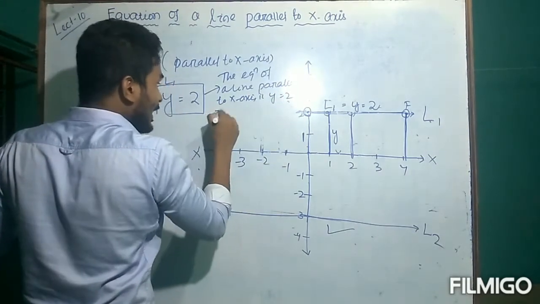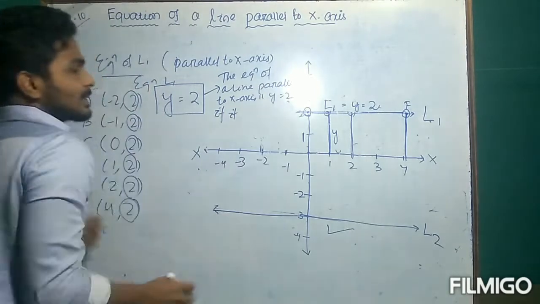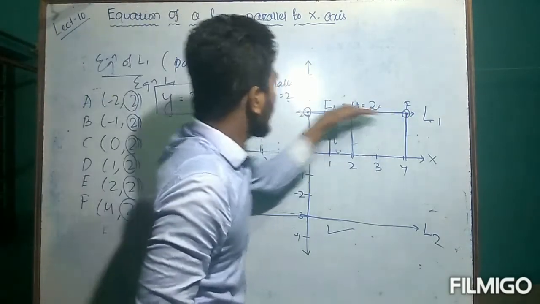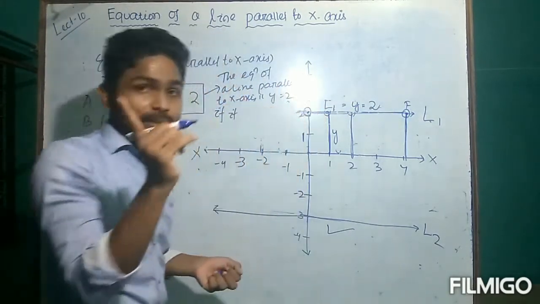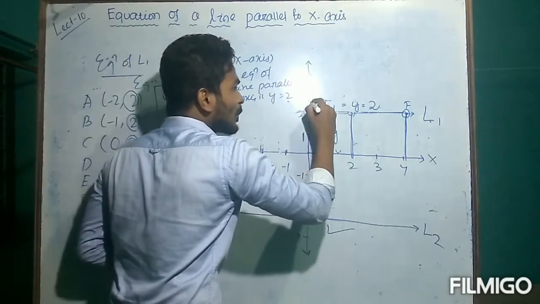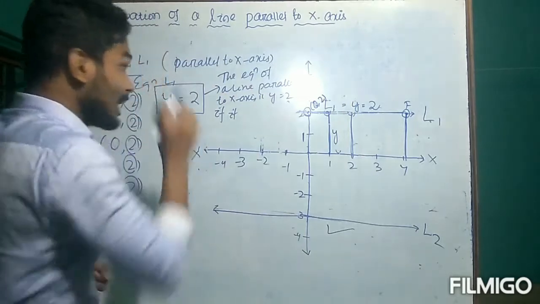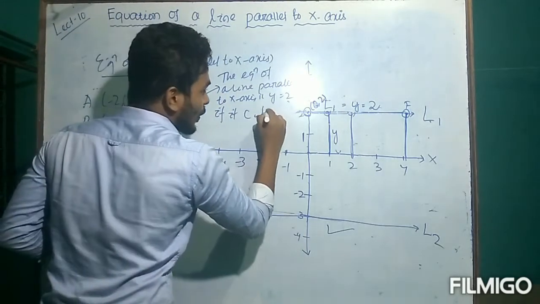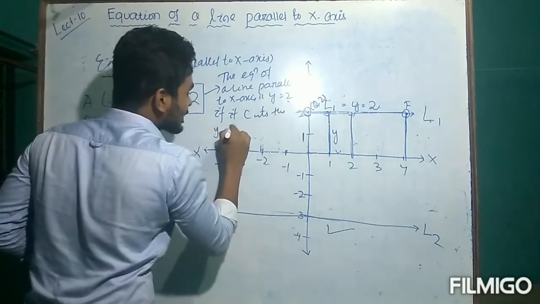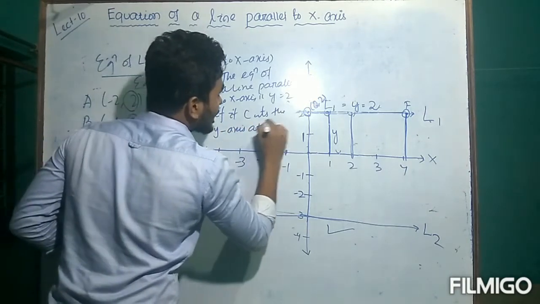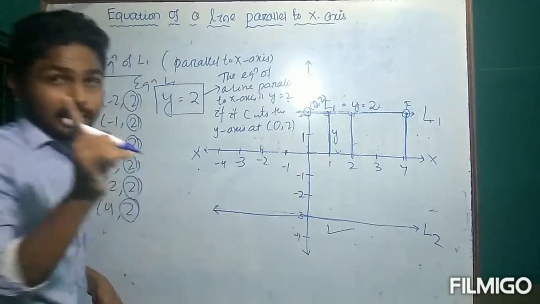This line cuts the y-axis at which point? This line cuts the y-axis at the point (0, 2), right? If it cuts the y-axis at (0, 2), this is the most important thing.